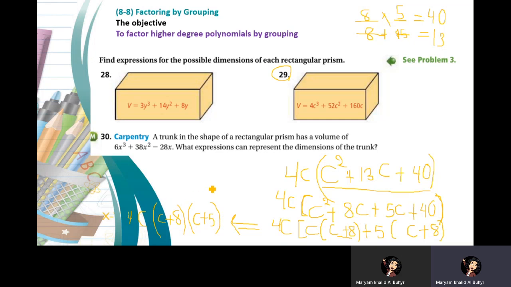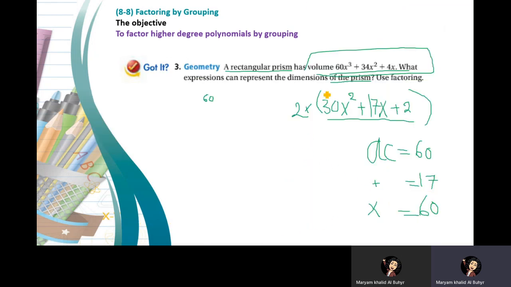Let me go back to the previous part so we can maybe figure out the problem. Again, I would like to read it to you. We take the common factor between all of them too. So once we factor them, we have 2x inside 30x to the power 2 plus 17x plus 2.